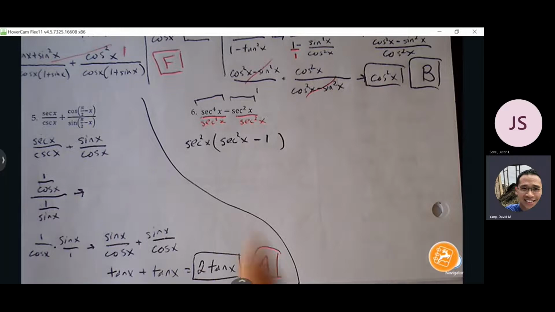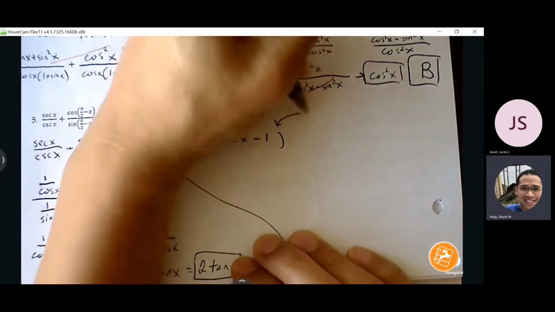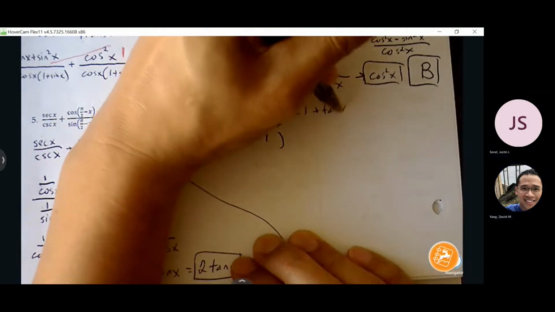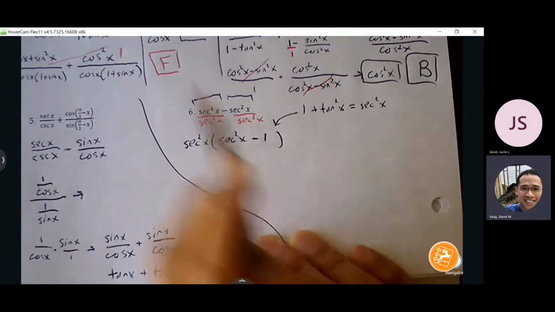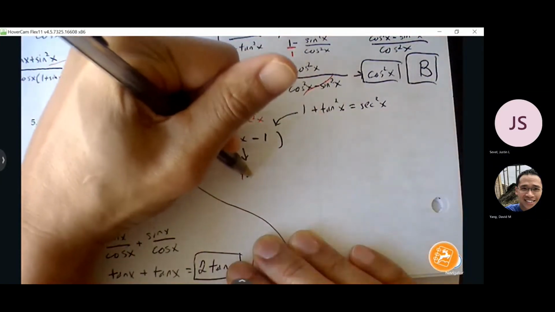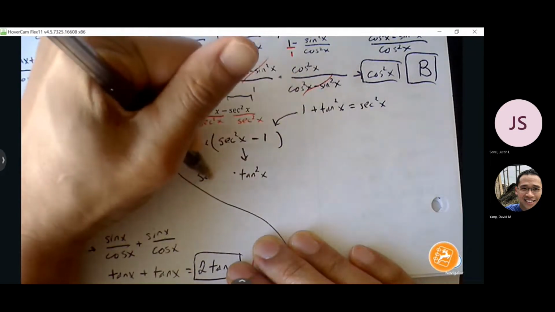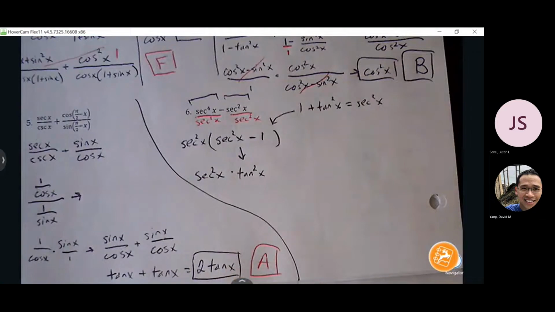So secant squared x minus 1, we can use trig identity there. We know that 1 plus tangent squared x equals secant squared x. Secant squared x minus 1 is just tangent squared. Let's see.